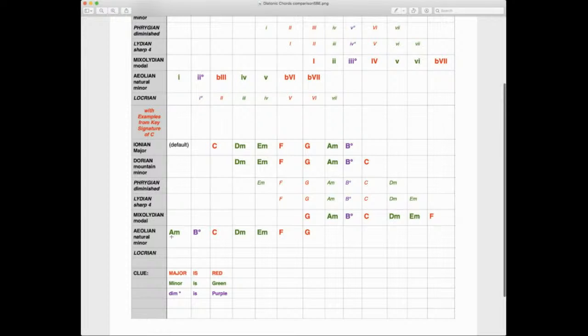So let me go back to the guitar so we can just hear this. If I start on C, if I start on A, these are the same pitches, but oriented differently. Same pitches, but because I started on the 6th step of the scale, which is A, it feels minor.